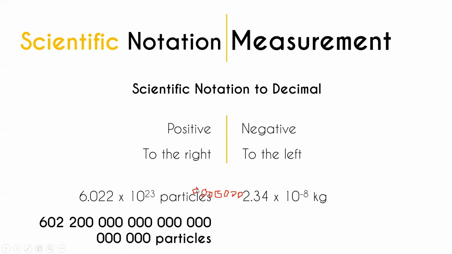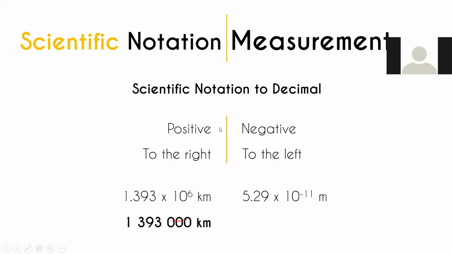At huwag mong kakalimutan yung decimal point. Yan, decimal point. So that will become like this. So 3, 6, 7 after sa decimal point. We have 5.29 times 10 to the power of negative 11.